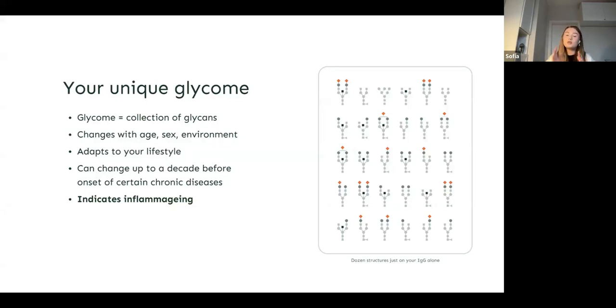From what I've told you so far, we understand that glycans modulate the response of your immune system. So they determine whether this response will be anti- or pro-inflammatory. What it basically means is we are looking at inflammation, and specifically low-grade chronic inflammation. You may know that this is one of the 12 hallmarks of aging. So ultimately, what we are doing here is measuring inflammation in the body.